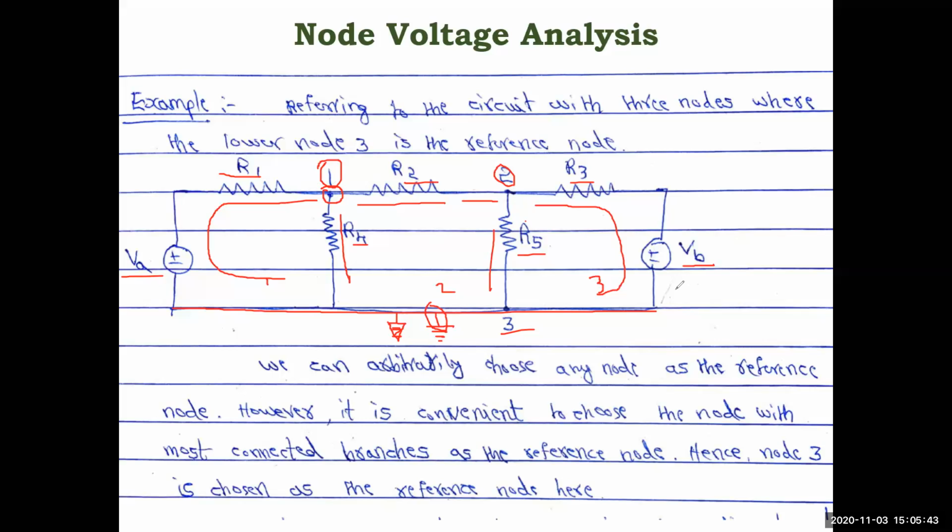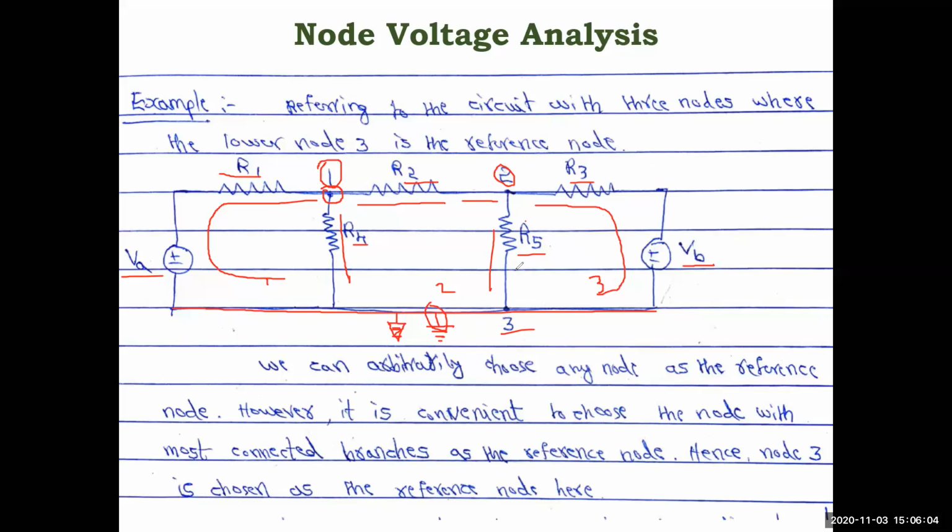So the advantage here is that the number of equations written is only 2. So in the calculator also you have to use only 2 unknowns. For example, for a 3-mesh network, you require only 2 node equations. That is the difference you will see, and that's why mesh analysis is used less in network analysis.